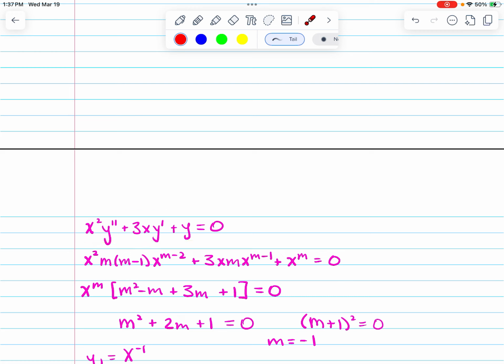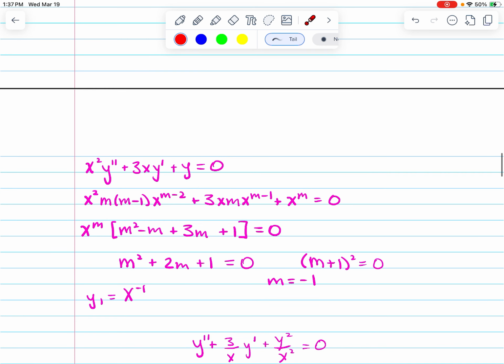We go through the process, assuming that y equals x to the m. Go through this process. And this time, we come up with this equation to solve. And this gives us this, okay? M plus 1 squared equals 0, which gives us m equals -1.